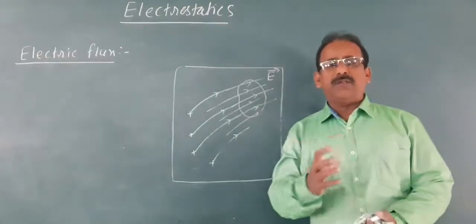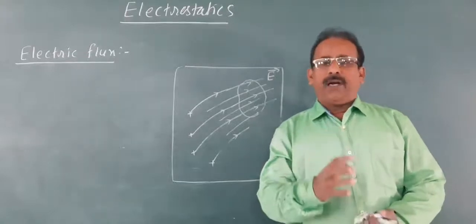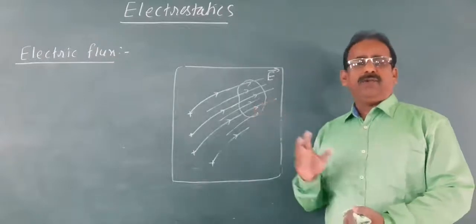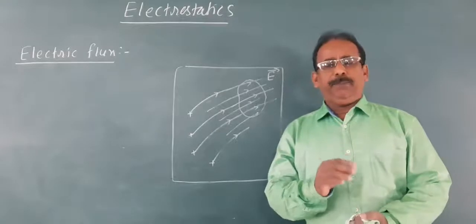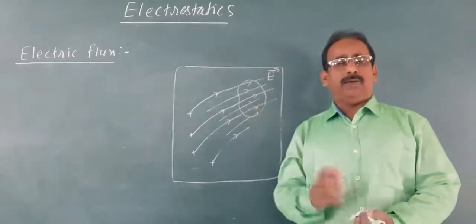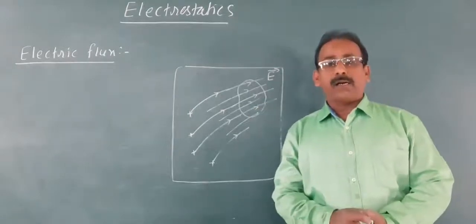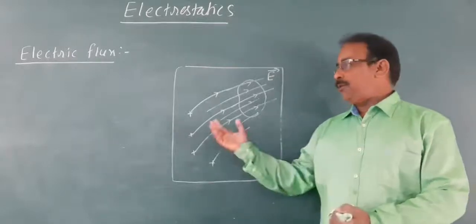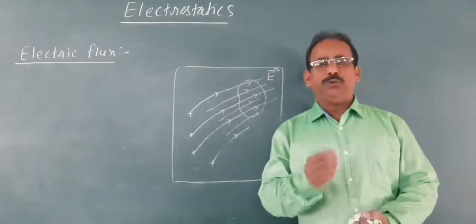These electric lines which come through that area will make different angles with that area. Some electric lines of forces will make an angle of 90 degree with that area, means some electric lines of forces will come normally through that area.